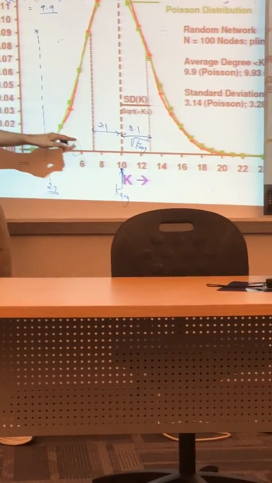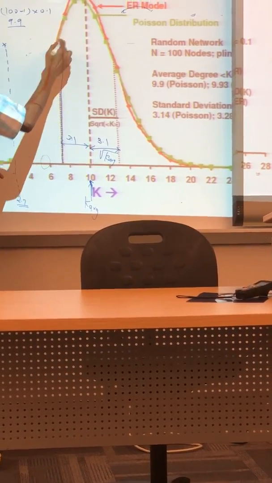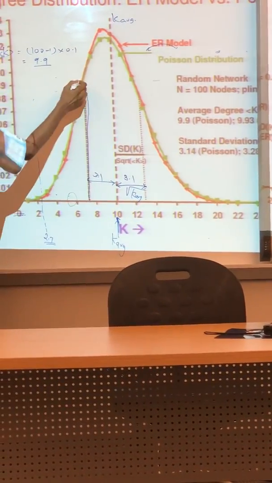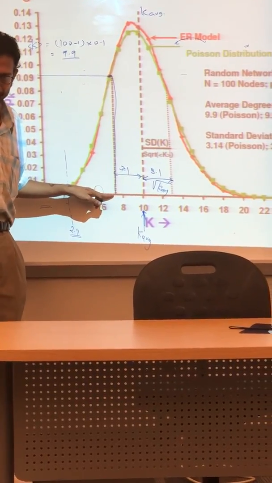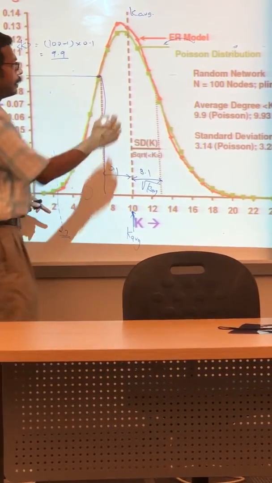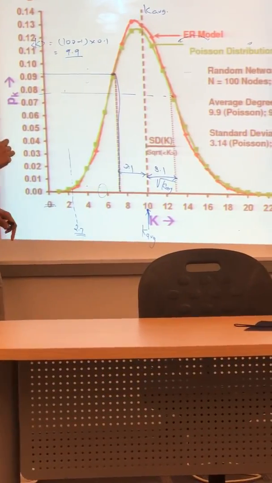So if you see here, this is the pK value corresponding to what? The average minus standard deviation. This is the pK value corresponding to the average plus standard deviation.